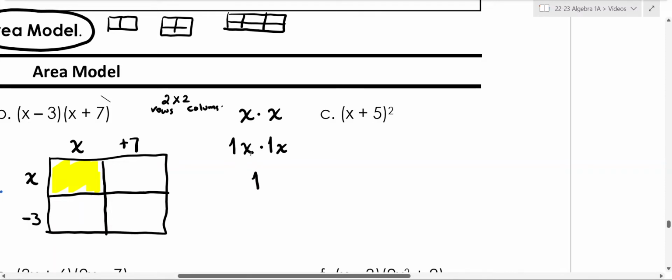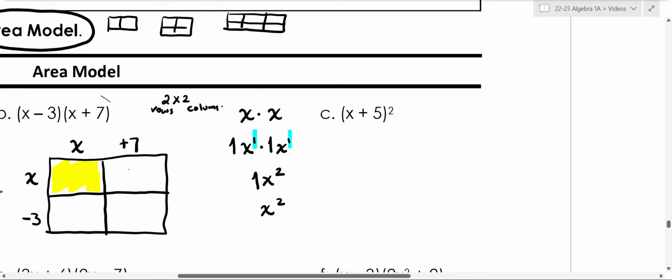All right. Multiply the variables. Same base at the exponents. X times x, exponent of 1, exponent of 1, and once again, what's 1 plus 1 at the exponent? It will be 2, or just x squared. X times x is x squared.